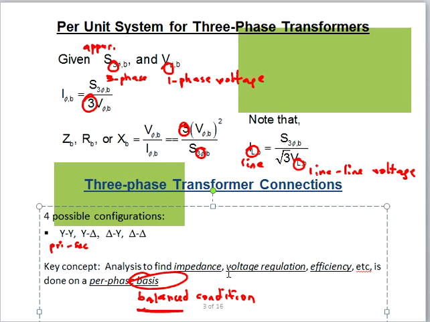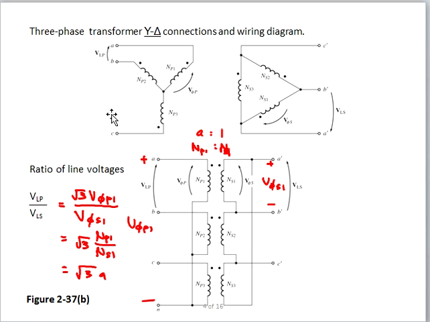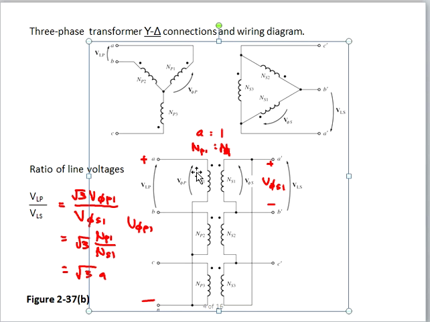In order to find the connection, here you see the connection of how they connect, like the Y delta. As you can see here, this is the primary, and this is the secondary. The secondary is delta, and the primary is Y here.